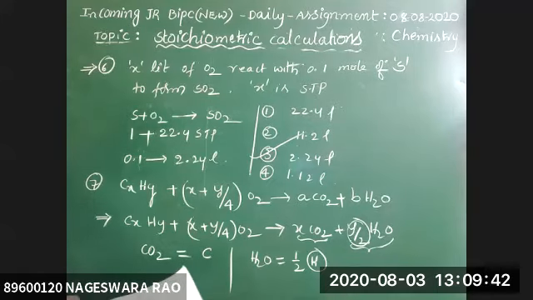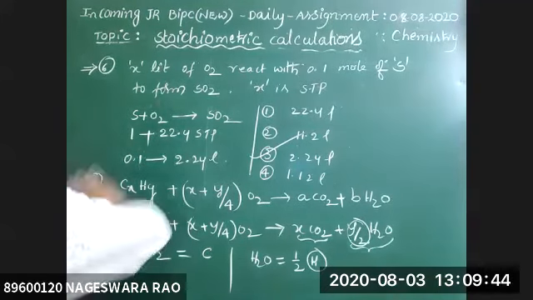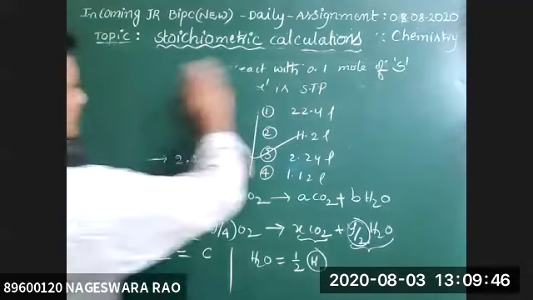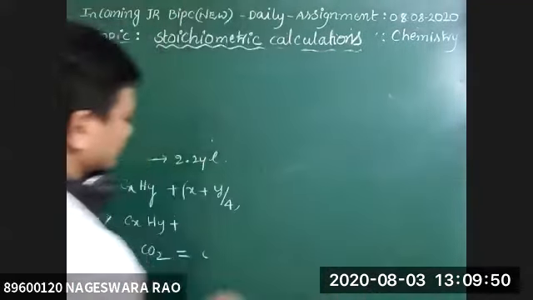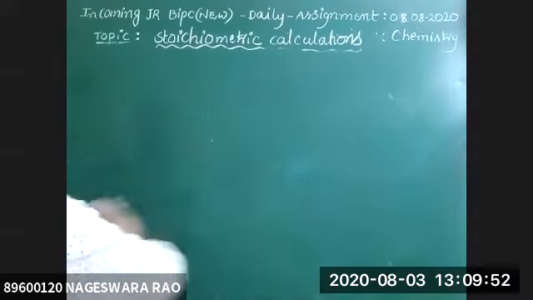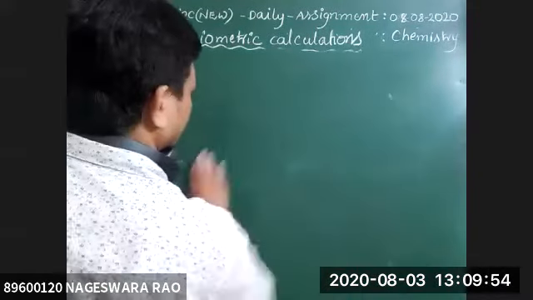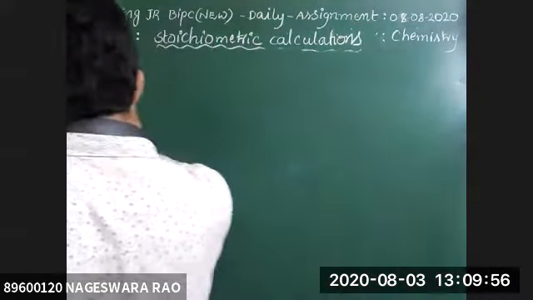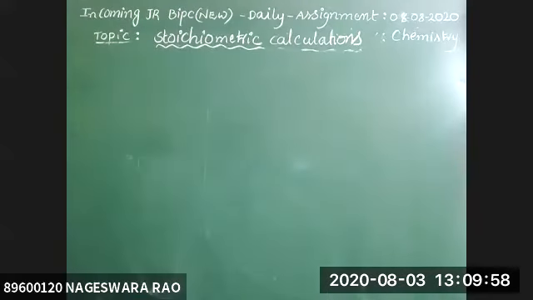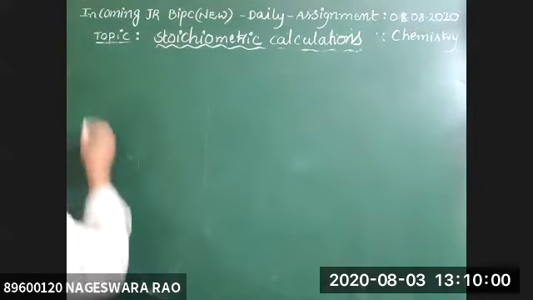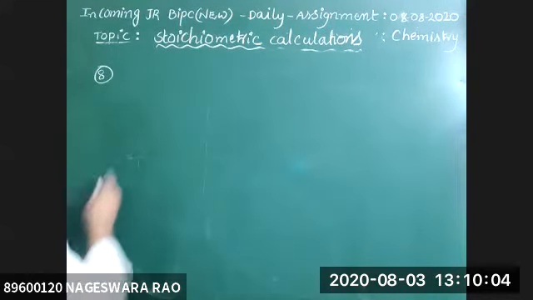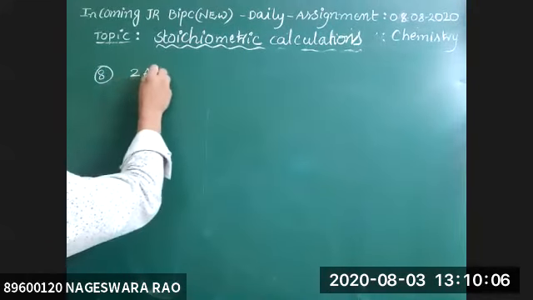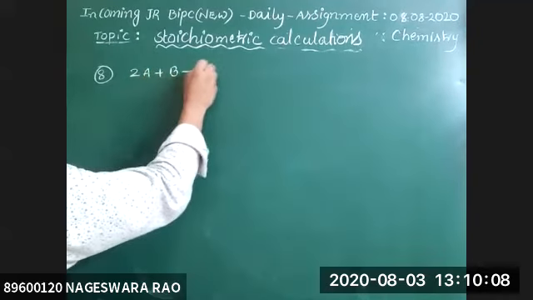Next, question number 8. 2A plus B gives rise to 2C.